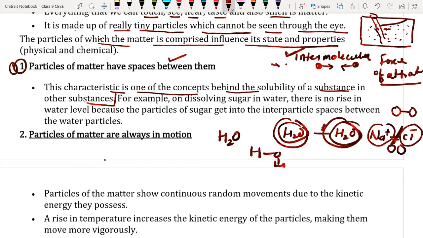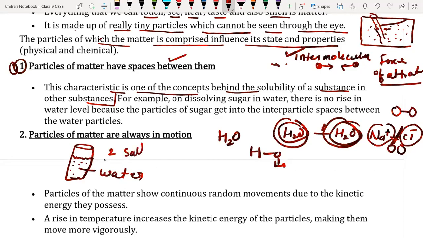Suppose you have salt and you dissolve that salt in water, it will dissolve completely, right? Suppose here we have a glass container, and till here you have water. Suppose you dissolve 2 teaspoons of salt.